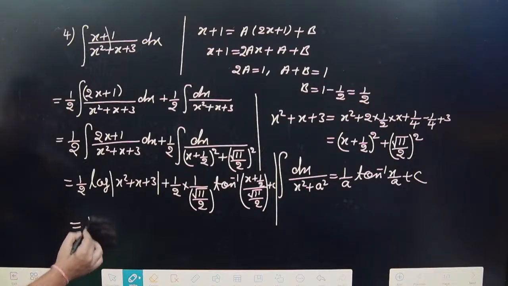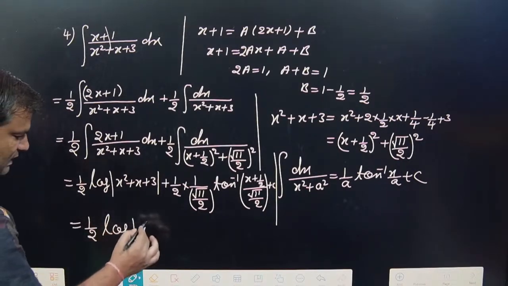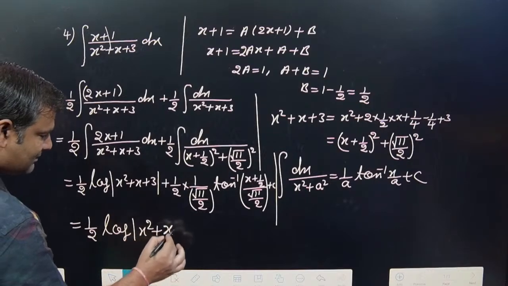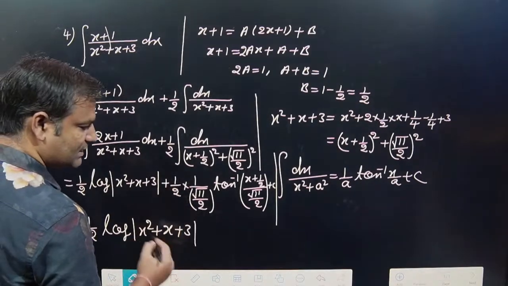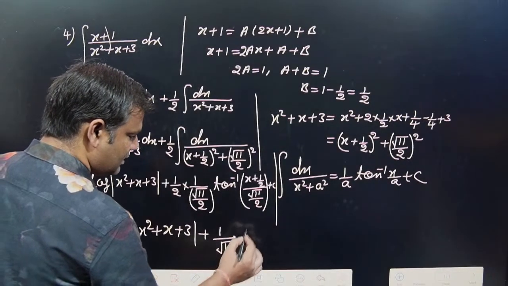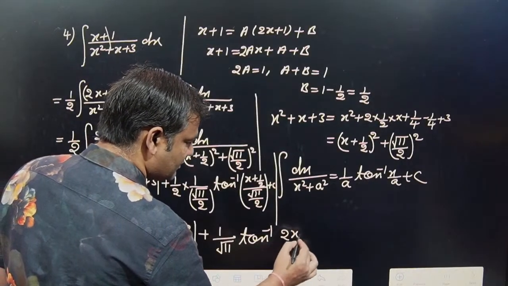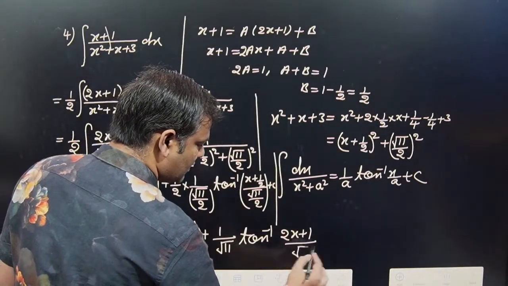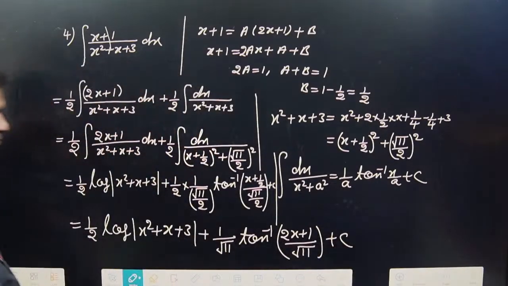So 1 by 2 into log of modulus of x square plus x plus 3, and the 2 cancels, so we write 1 by root 11 into tan inverse of 2x plus 1 upon root 11, plus c is the right answer.